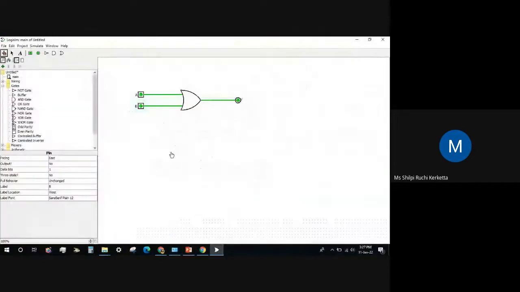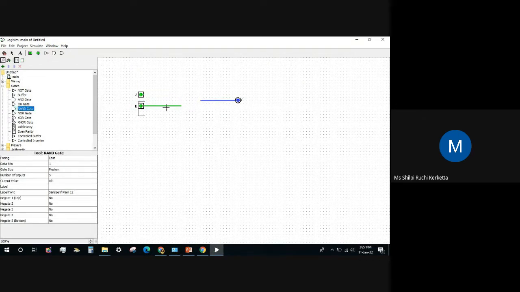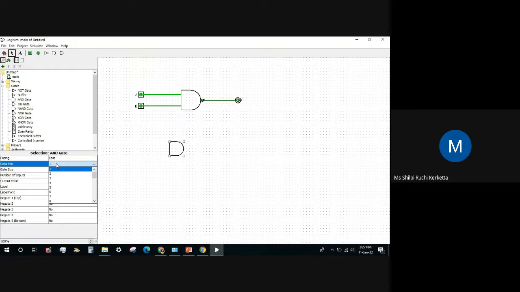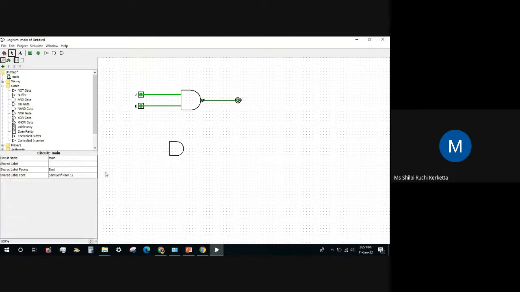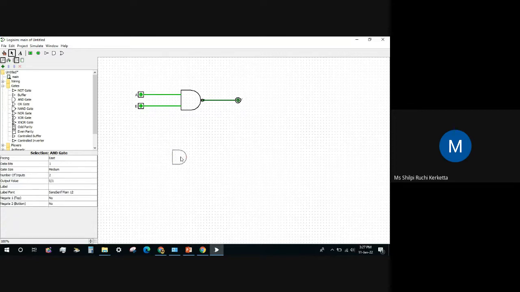We will do NAND gate in this Logisim. And one more thing, what is NAND gate? It is a combination of AND gate and a NOT gate. We will see that the two should be similar.